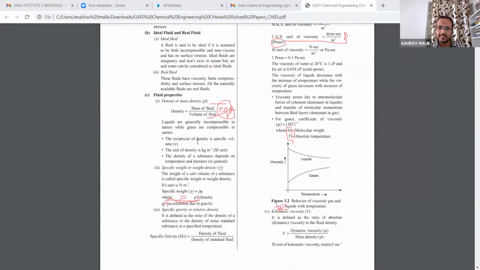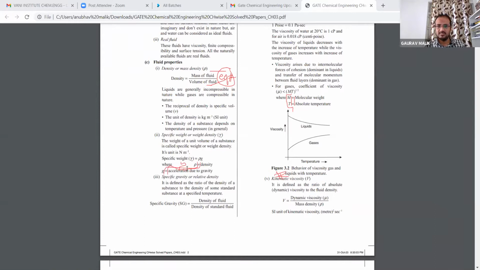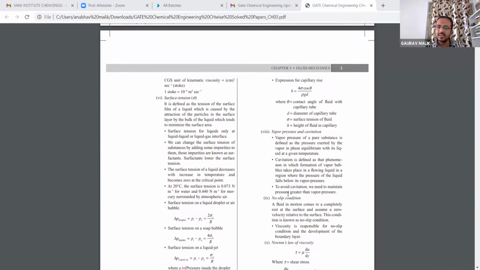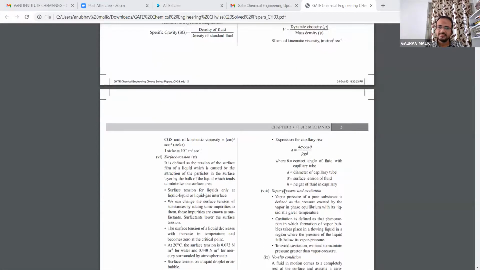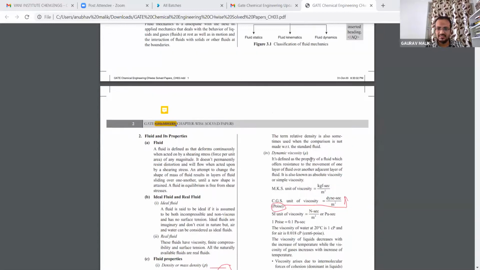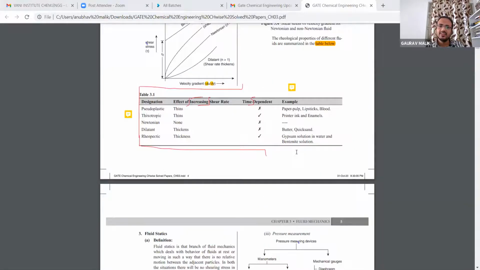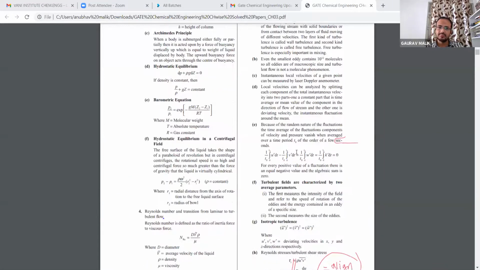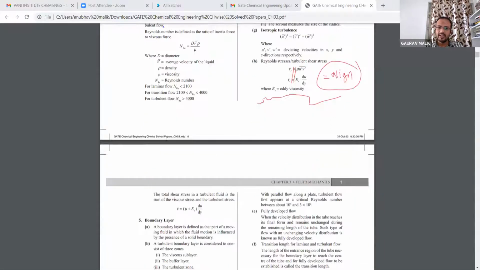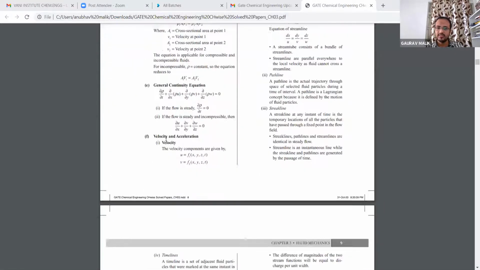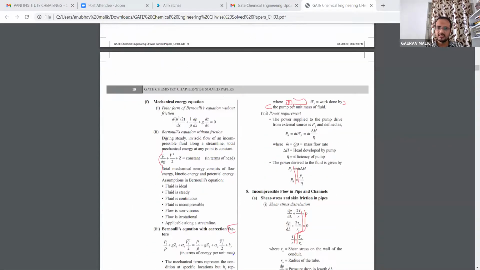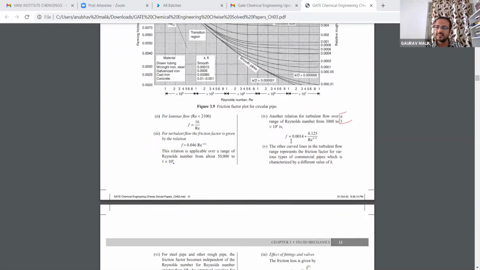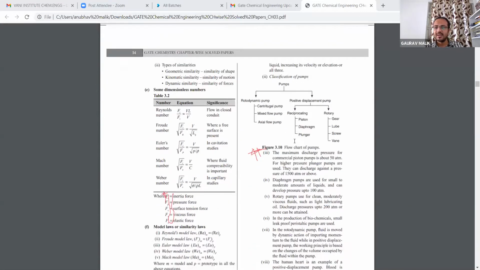all the fluid properties: density, specific weight, specific gravity, surface tension, vapor pressure, cavitation, no slip condition, dynamic viscosity, then types of fluid, pseudoplastic, then fluid statics, pressure and its measurement, laminar turbulence, Archimedes principle, hydrostatic equilibrium, boundary layer condition, continuity equation, vorticity, rotation, Bernoulli equations with correction factor, hydraulic radius, diameter, friction factor chart, dimensional analysis and similitude, so that one day before the exam you can revise within 1 hour.